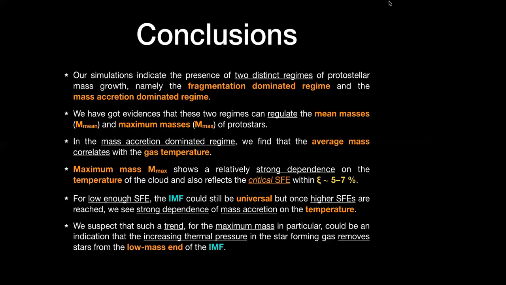So in the high redshift environment, if you find very high mass stars, it is mainly because high accretion rates were available for the stars to grow in mass and end up with much higher masses.